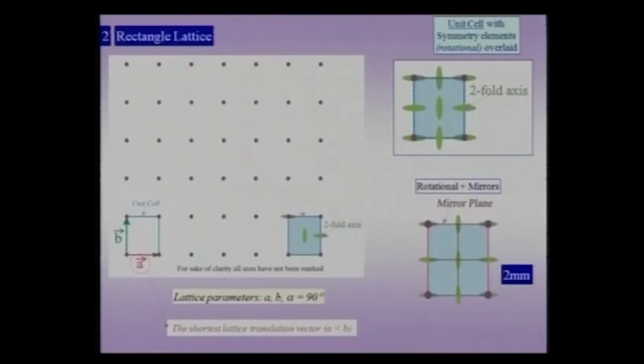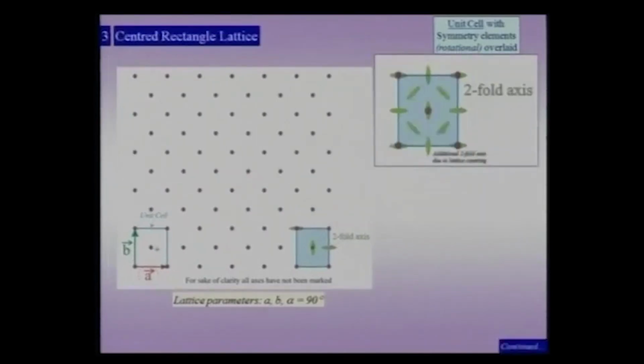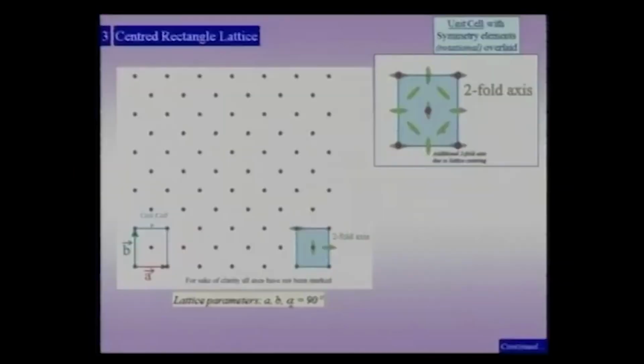We have considered a previous unit cell for the normal rectangle lattice, and this is centered with respect to that normal rectangle lattice and not by alternate choice of unit cells, wherein the alternate choice of unit cell, as we can see, can be a primitive unit cell, in which case that unit cell will not be centered. The lattice parameters as previously for this lattice are a, b, which are independent, and alpha, which is constrained to 90 degrees.